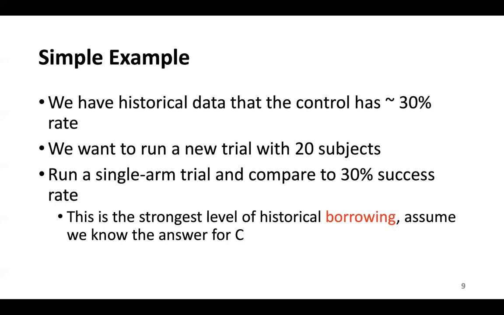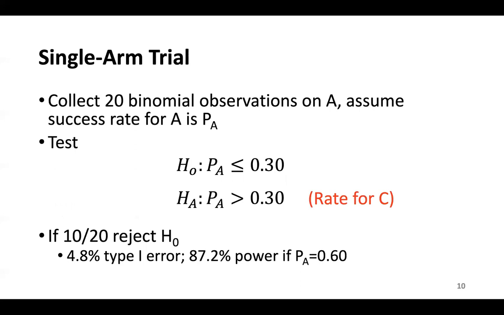From this simple example, some of the aspects of historical borrowing come out. In this single arm trial, we're getting 20 observations on A. We're interested in the response rate PA for that. We're going to test whether that's greater than 30%.